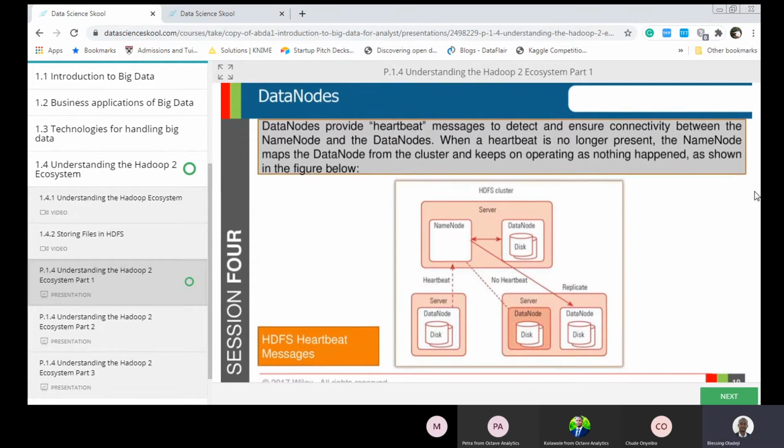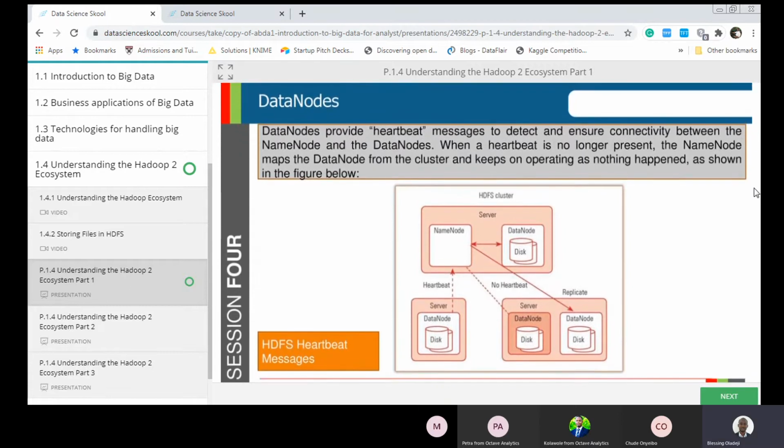So let's talk a bit more about the data node. As I said, the data node is the exact location where all of this stuff is stored. The data node provides what is called a heartbeat message to detect its availability, and it provides that heartbeat message to the name node.